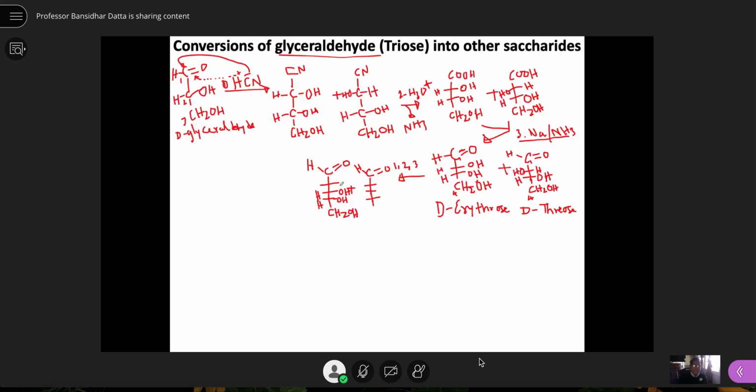And then we'll come back to the next one, and this is the same thing. Remember, the base structure remains the same, right? OH and OH, and H and H. So nothing happened, right? The base structure remains the same. 1, 2, 3, or it goes this way: 2, 3, 4. Now this one will be converted to OH, right?